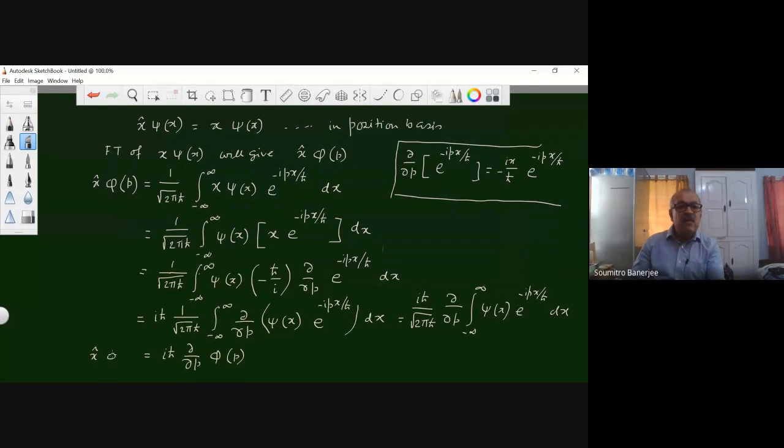Okay, so what is the left hand side? It was phi(p). So x operator operating on phi(p) is i h cross del p. So this gives x operator is nothing but i h cross del p. Notice that there is a difference between what you did in the x domain and what you are getting in the p domain.